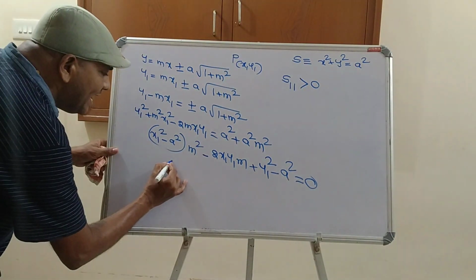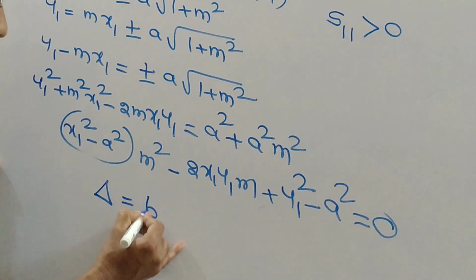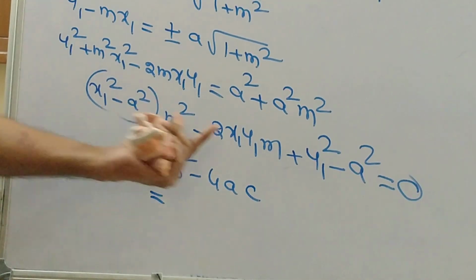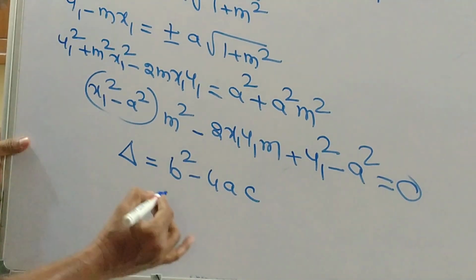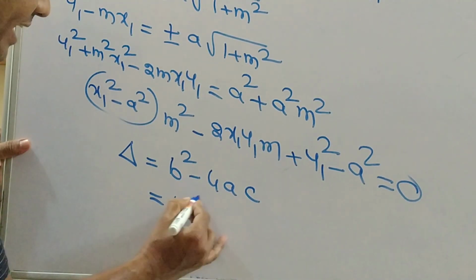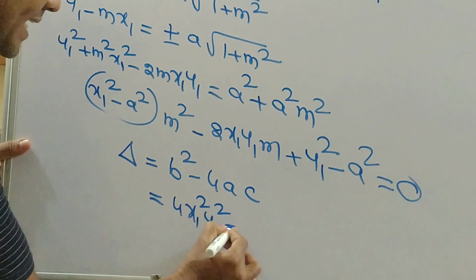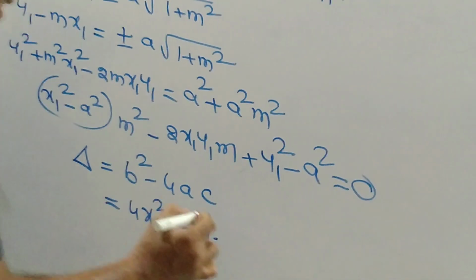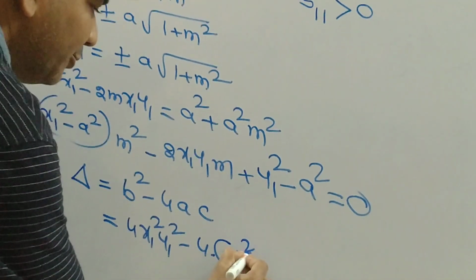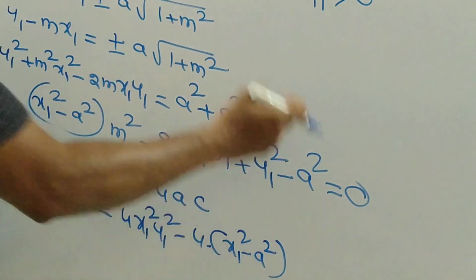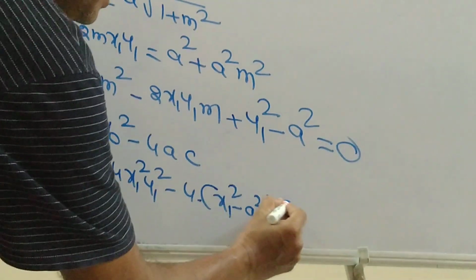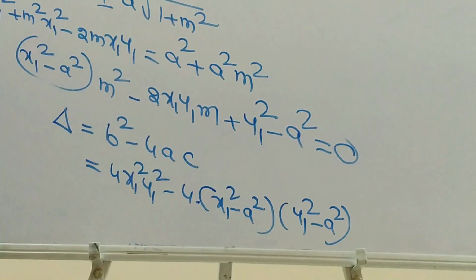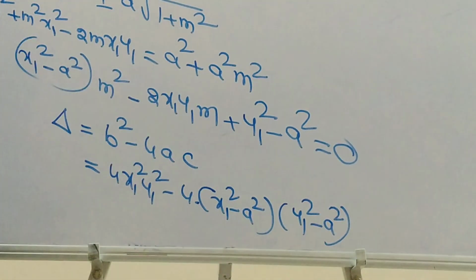That is delta equal to b square minus 4ac. That equals 4x1 square y1 square minus 4 into (x1 square minus a square) into (y1 square minus a square). Now multiply and simplify.